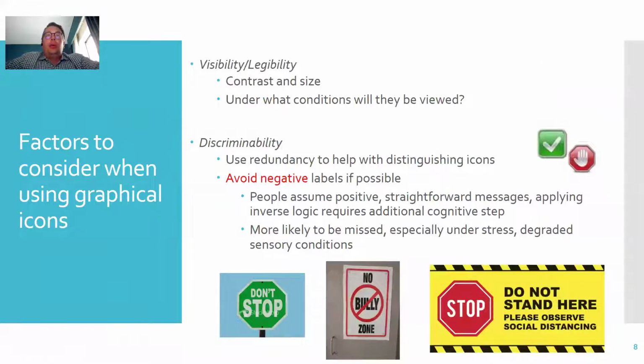Okay. We need to consider the contrast and the size of graphical icons, just like we do text. We have to consider the conditions under which they'll be viewed, especially if we're using color. So we remember that the hue of the icon is viewed against the background, and this is affected by the illumination in that space.